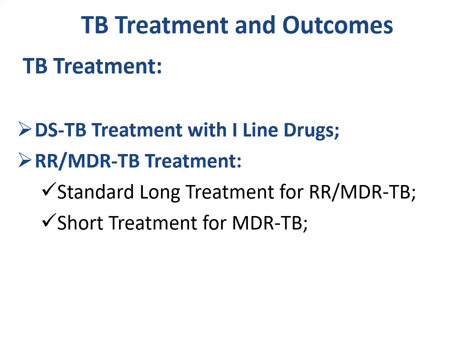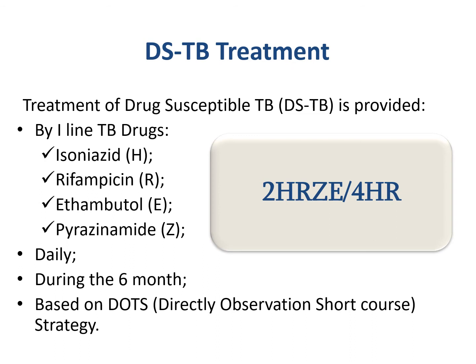DS-TB, drug-susceptible TB, is treated with first-line TB drugs: isoniazid, H, rifampicin, R, ethambutol, E, and pyrazinamide, Z. This course is called 2-HRZE or 4-HR, daily during the 6 months, based on DOTS, the directly observed treatment short-course strategy.